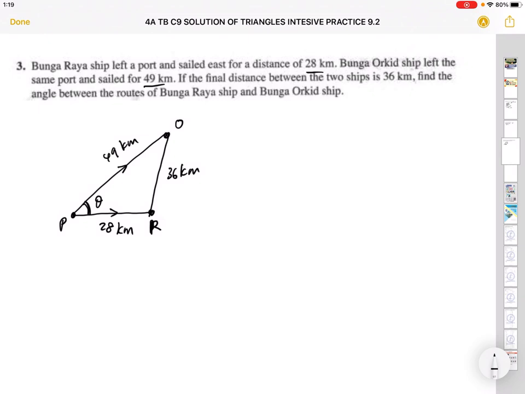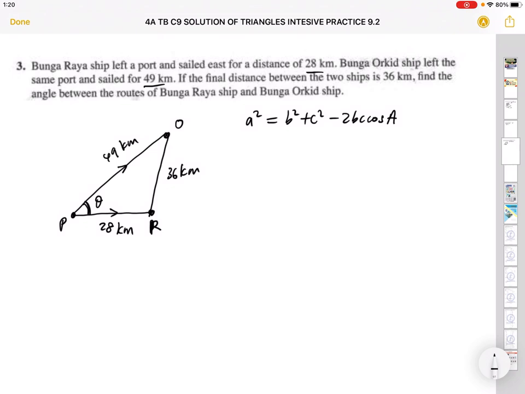Now, before we do this, understand that the basic cosine rule is given as this: a squared equals b squared plus c squared minus 2bc cos A. Now I know some students or most people would just sub in the values and then rearrange the equation. I'm not a big fan of that because I find that it's actually harder to rearrange the equation, especially when the numbers are subbed in and the numbers consist of decimals.